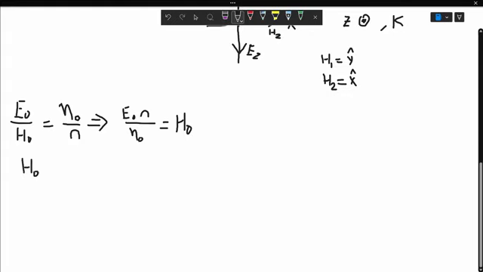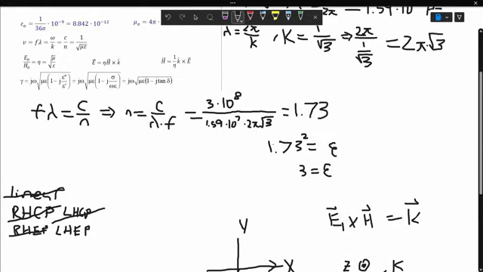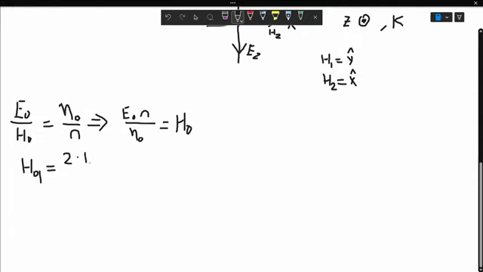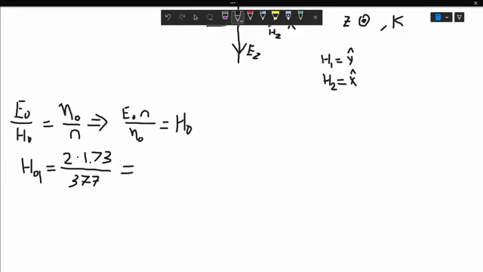So H naught 1 is equal to E naught, which we just said was 2. Our n, which we found when we found the dielectric constant, was 1.73. So 2 times 1.73 all over 377. Now, solving for this, we end up getting a very small value of 0.0092 amps.